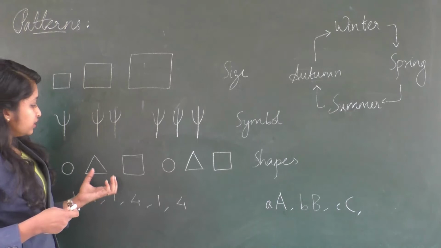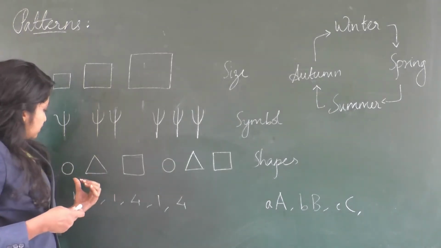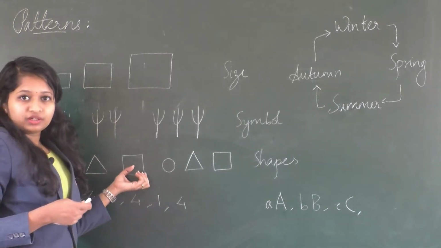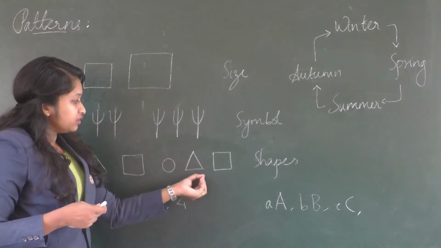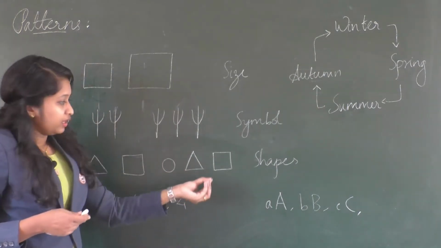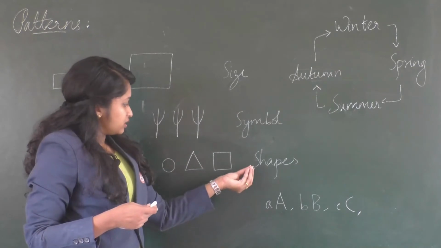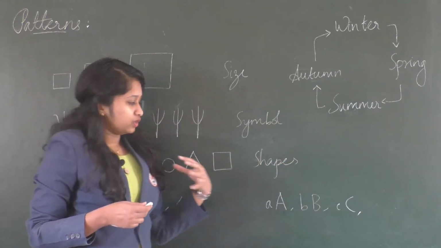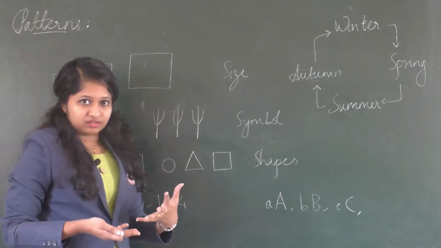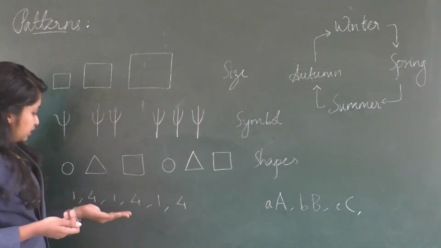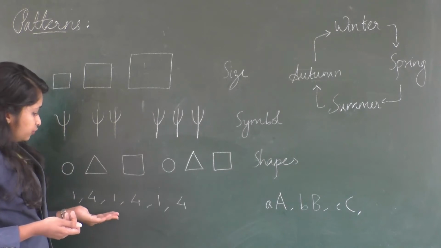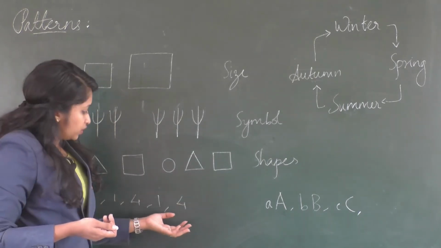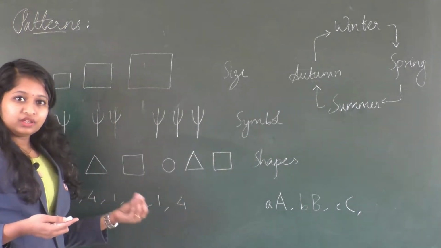Here different shapes: circle, triangle, square, and next circle, triangle, square, and next it will be circle, triangle, square. We cannot change the pattern, so we know what will be the next pattern. Here numbers 1, 4, 1, 4, 1, 4, and next will be 1, 4.